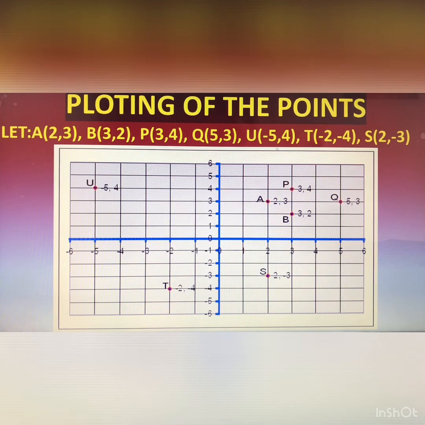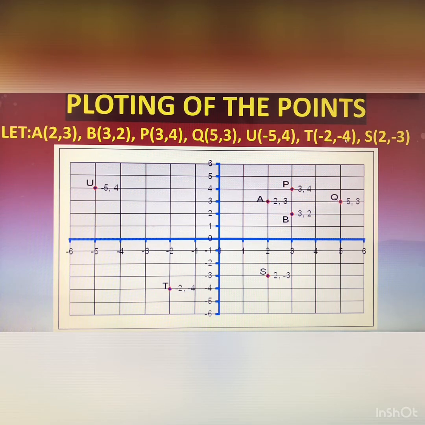Next, U is minus 5 comma 4, which means the abscissa is negative. So you go in the negative direction of the x-axis. This is minus 5. Then you go upward and stop. 4 is the ordinate, so in front of 4 on the y-axis, you can see the representation of the point U. After that, the next point is T, minus 2 and minus 4.